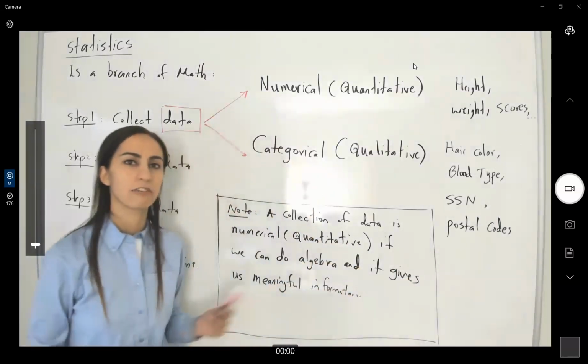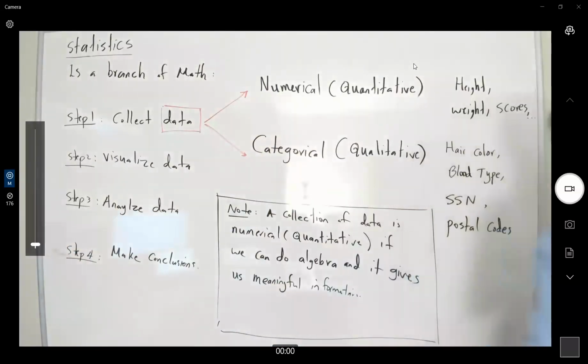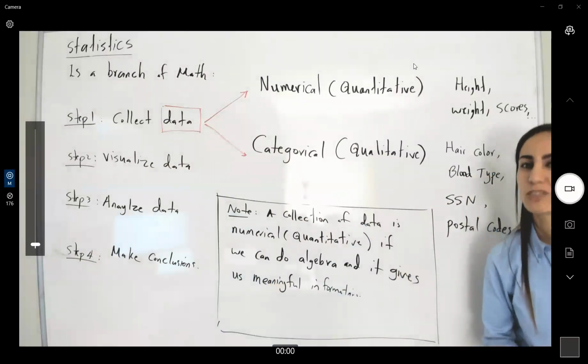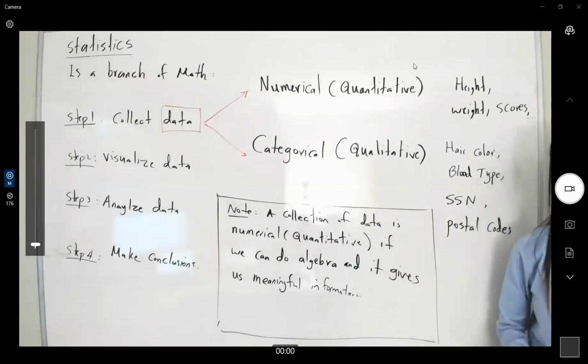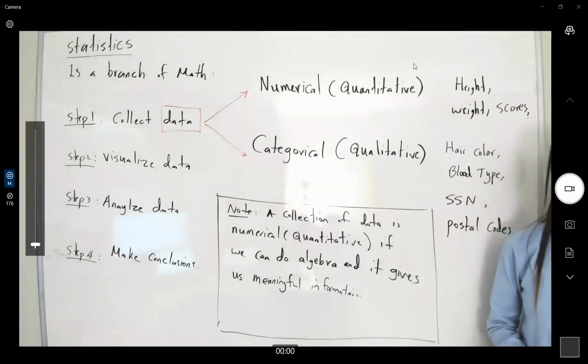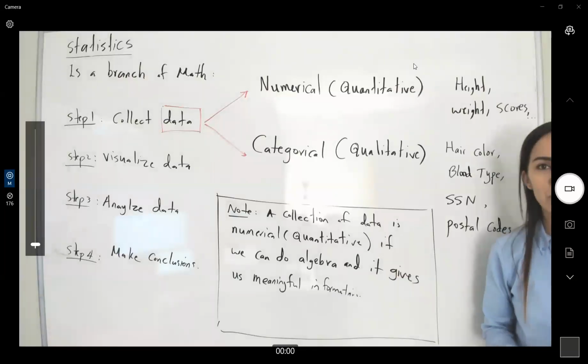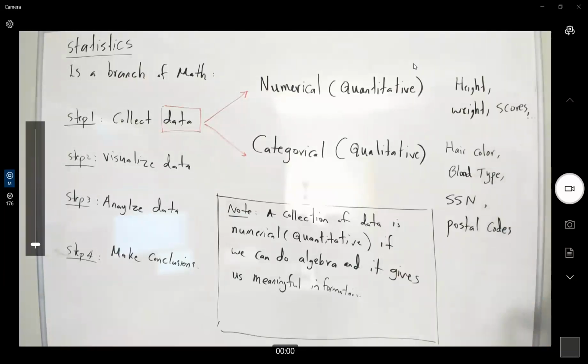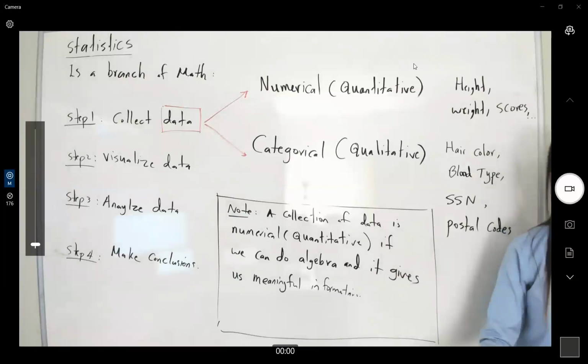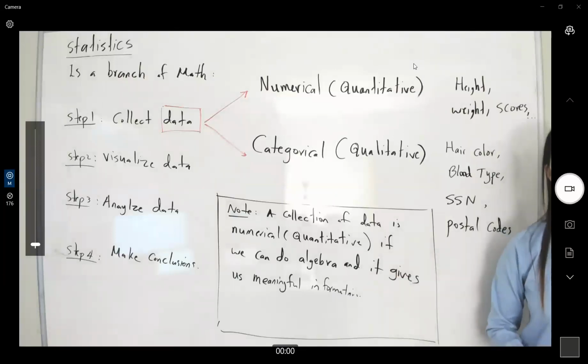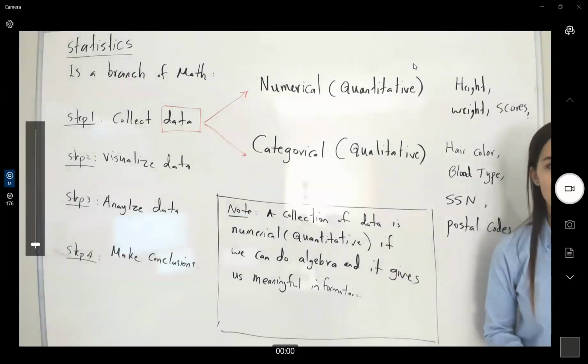Algebra, meaningful information. Well, suppose you collected social security numbers. Suppose you find the average of social security numbers. Is it meaningful to say that the average of social security numbers is that number? Or suppose you collected postal codes of a region, and you find the average.